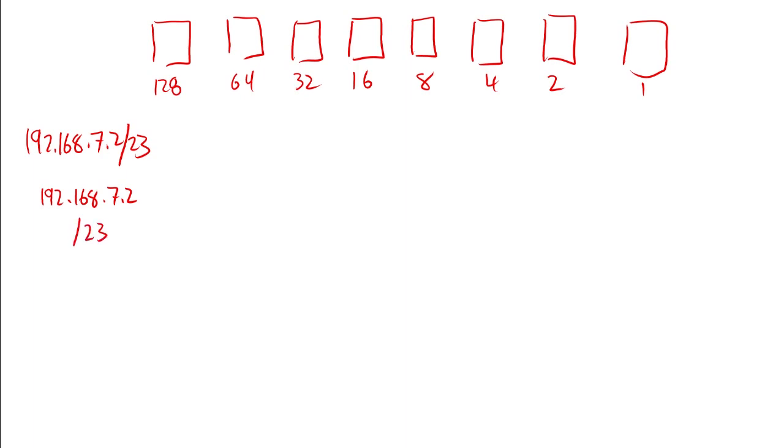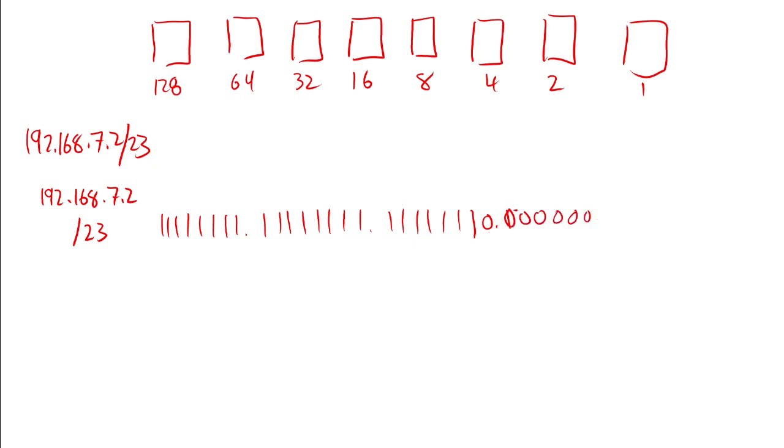Well, 23 is easy. So it's 23 ones. So 1, 2, 3, 4, 5, 6, 7, 8 dot 1 through 8 dot 1, 2, 3, 4, 5, 6, 7, then 0, then dot 0.